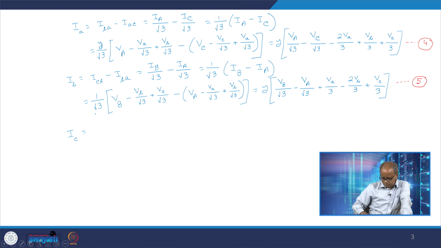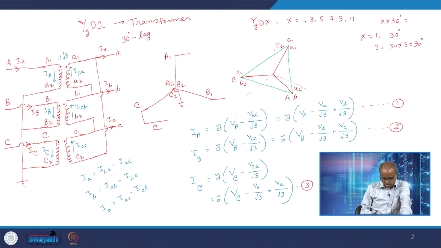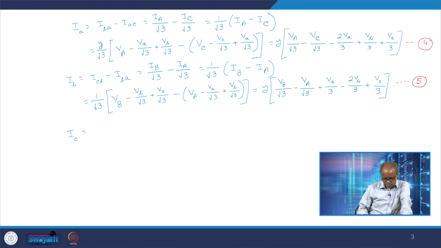Let us look at I_C, I_AC minus I_CB. I_AC, we said that it is I capital C by root 3, and I_CB we said that it is I capital B by root 3.